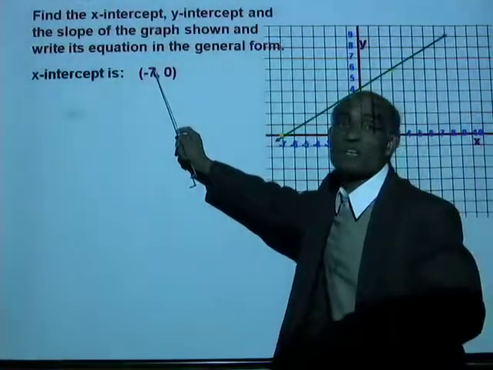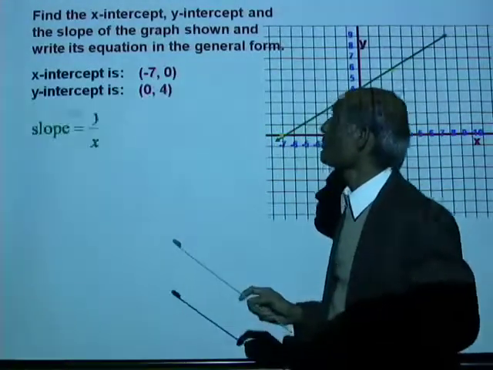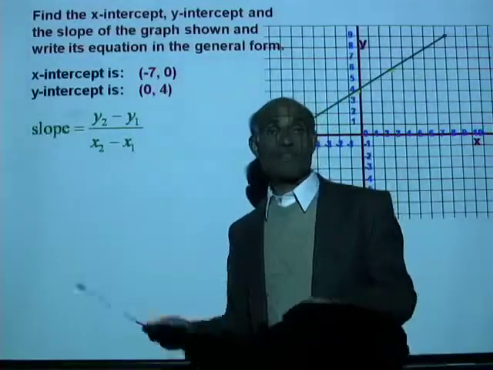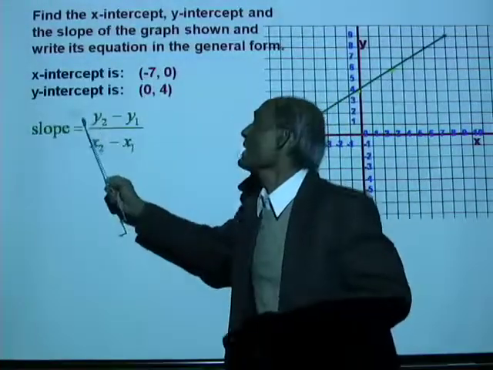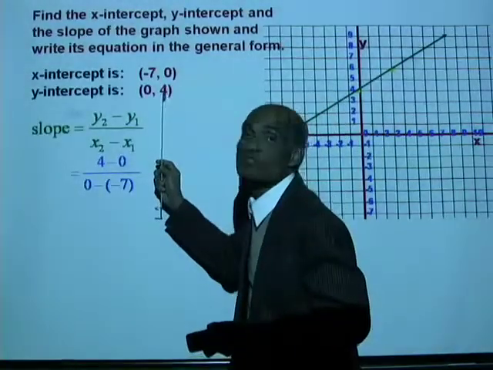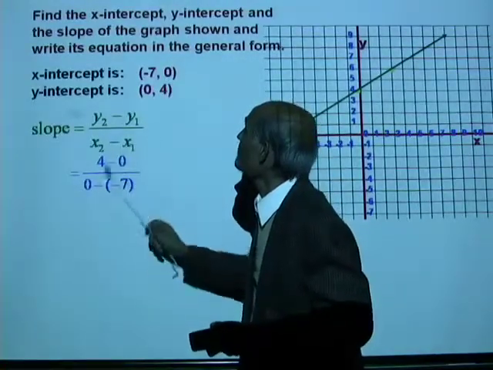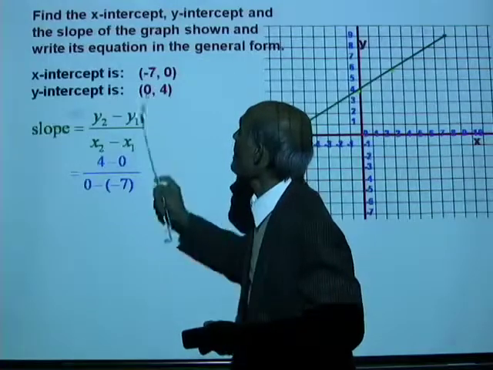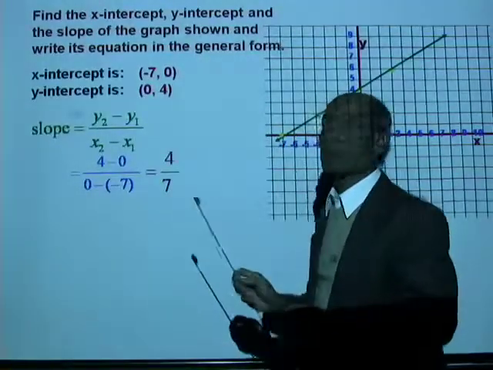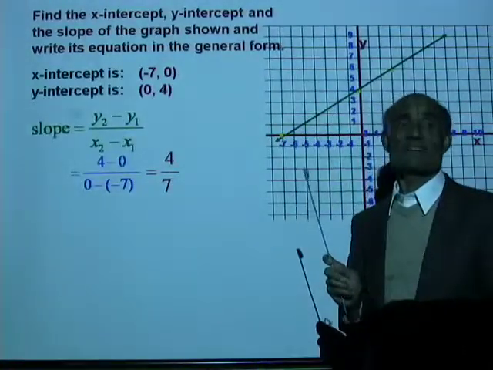You can actually use those two to find the slope because they are 2 points. y2 minus y1 over x2 minus x1. y2 is 4, y1 is 0. So 4 minus 0 divided by 0 minus -7. And that will be 4 over 7, the slope of that line.